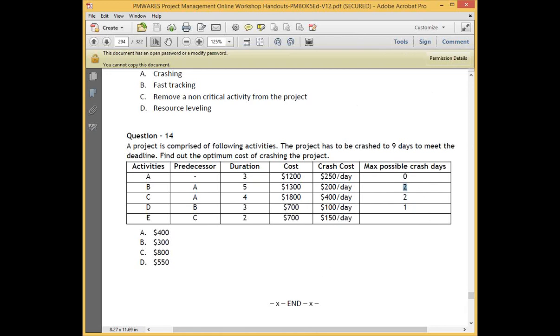Okay, so let's go for the next chapter, which is cost management.